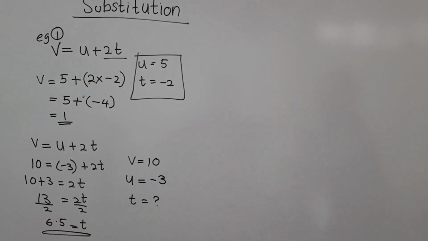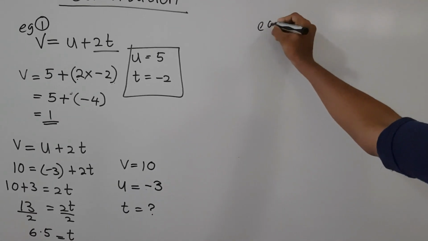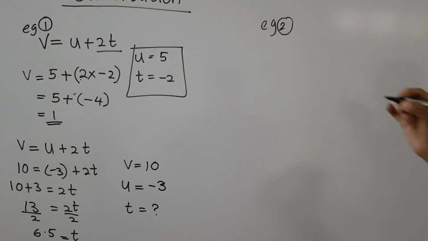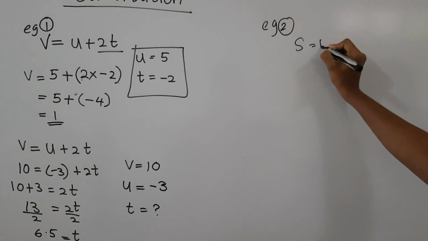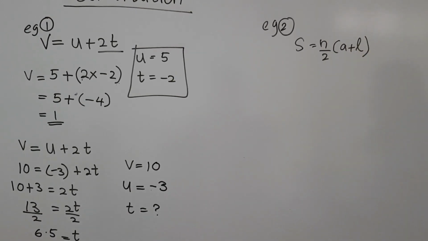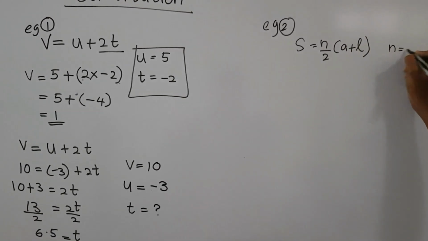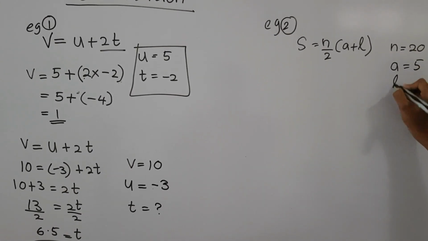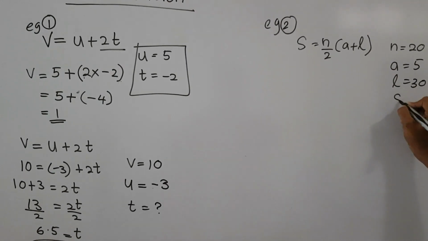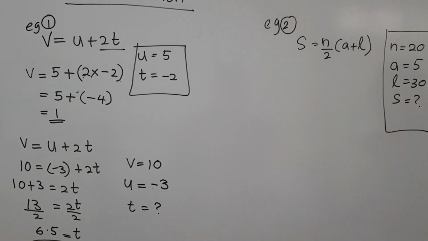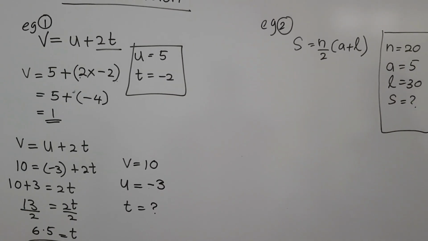Okay. Now let's move on to example 2. In example 2, they give us the question, S is equals to n over 2, a plus L. And they say n is equals to 20, a is equals to 5, L is equals to 30, and ask us to find the value of S. When it is like that, we have to substitute now.